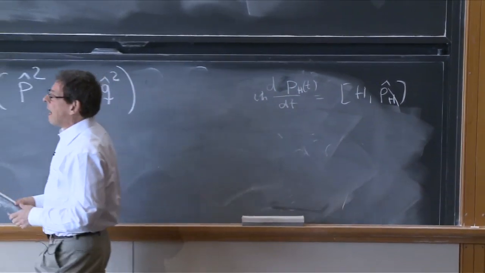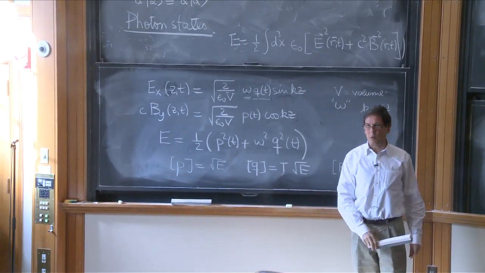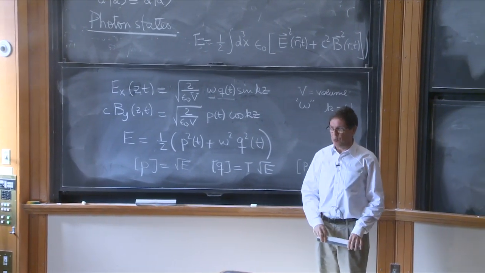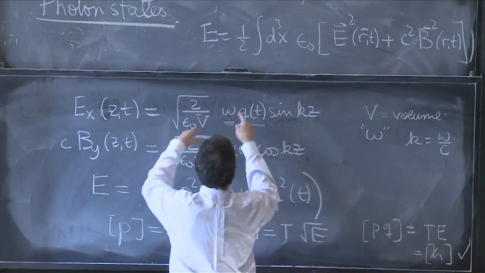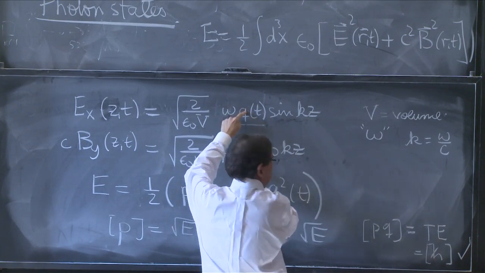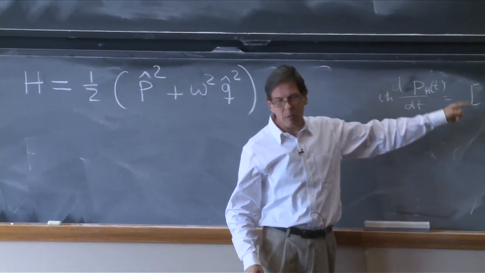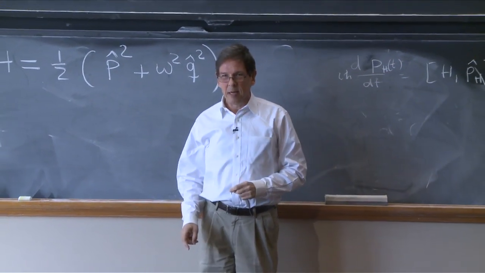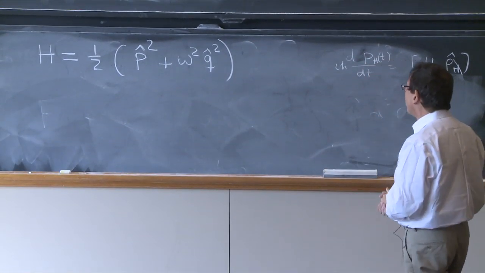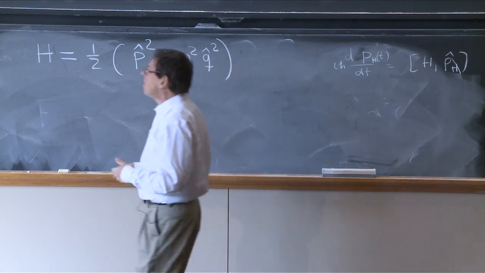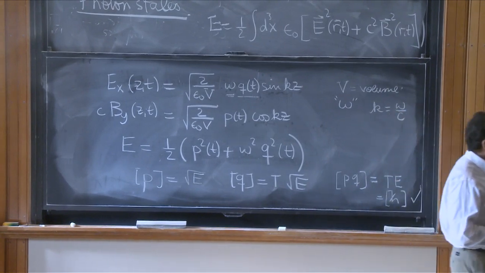But you also know Maxwell's equations. And you can plug into Maxwell's equations, and that's one check you will do in homework, in which you will take Maxwell's equations and see what equations you have for Q of t and P of t, and then they will be exactly the same as the Heisenberg equations of motion of this Hamiltonian, giving you evidence that this is a reasonable thing to do, that we can think of this dynamical system with Q and P being quantum operators.